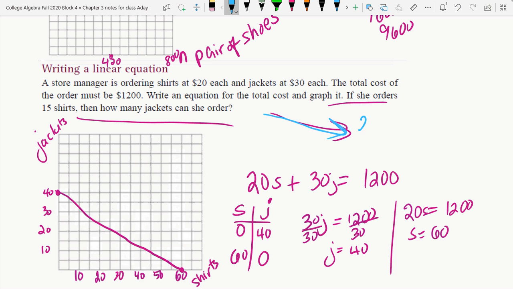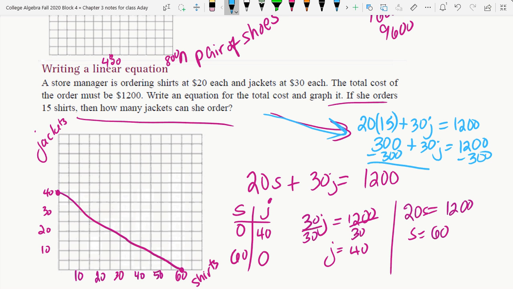So that means 20 times 15 plus 30 jackets, which we are trying to find, equals 1,200. So 20 times 15 would be 300 plus 30J equals 1,200. Subtract 300 on both sides. So we get 30J equals 900. So J would be 30.